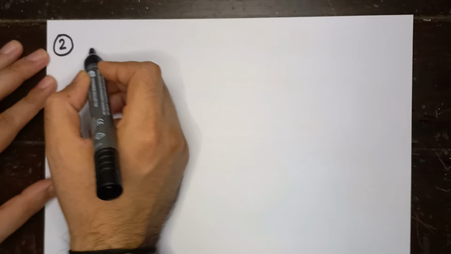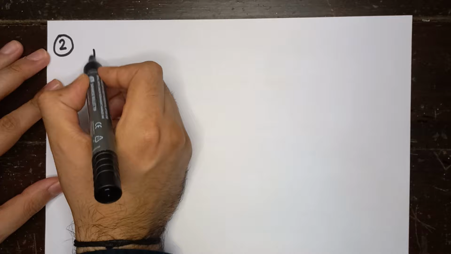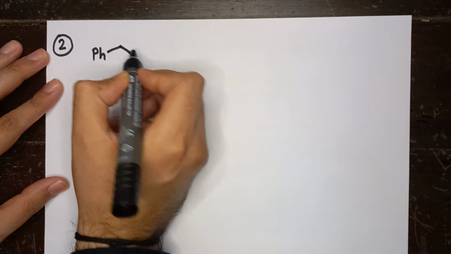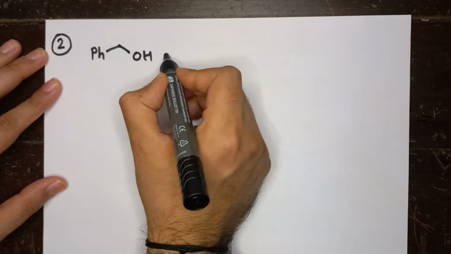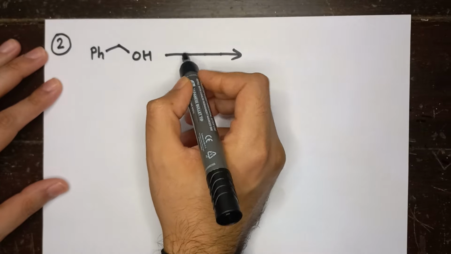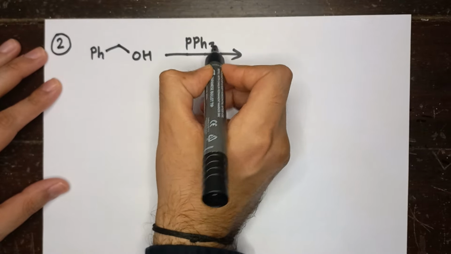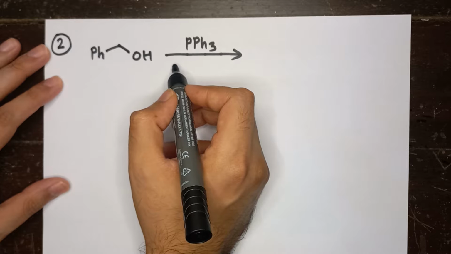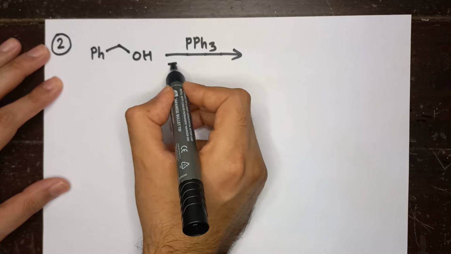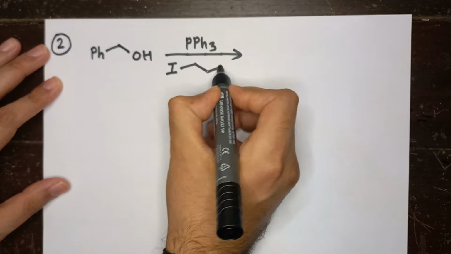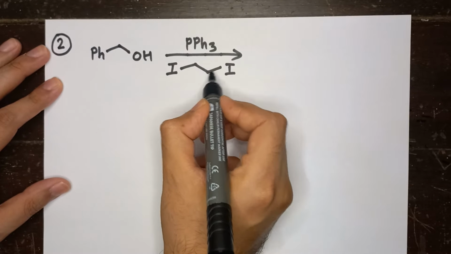Okay, here's another question for you. So we have this time PhCH2OH, and I'm reacting this with PPh3, and we have 1,2-diiodoethane, ICH2CH2I.